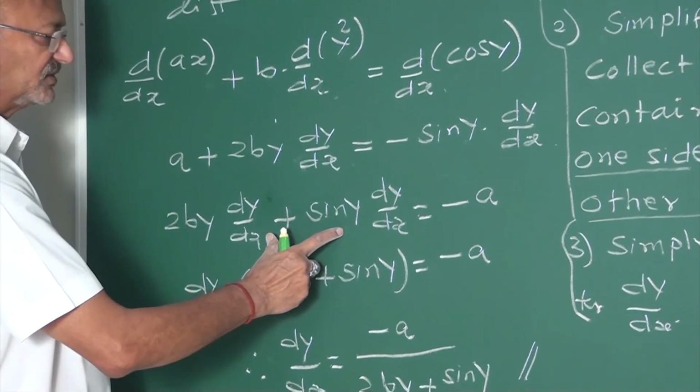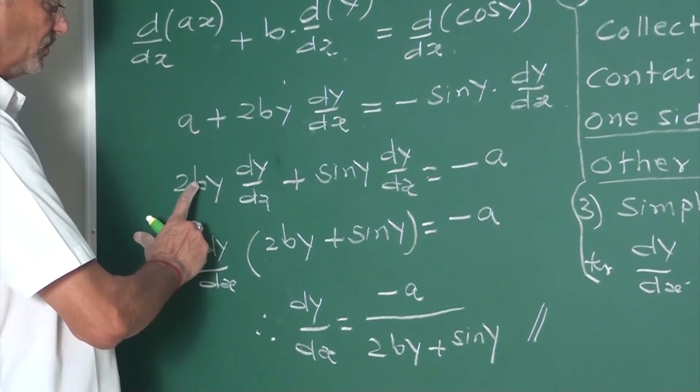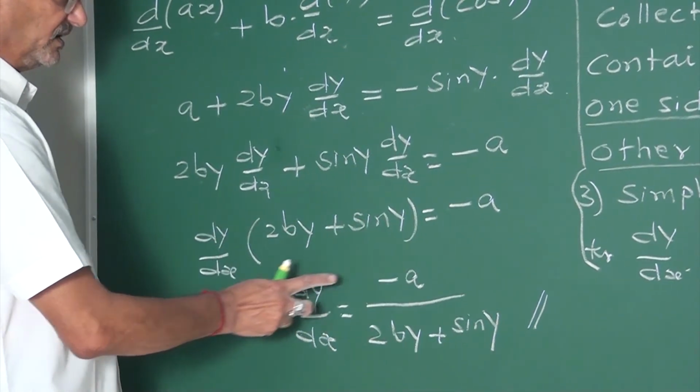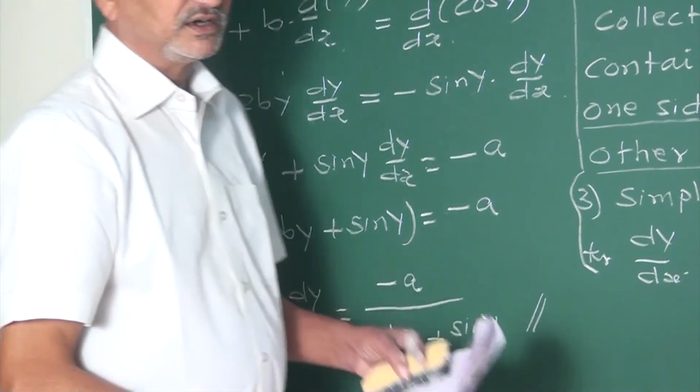Derivatives containing dy by dx on one side, other terms on the other side. Common, simplify. 2by plus sin y equals minus a. So dy by dx is minus a upon this. This is the wanted dy by dx.